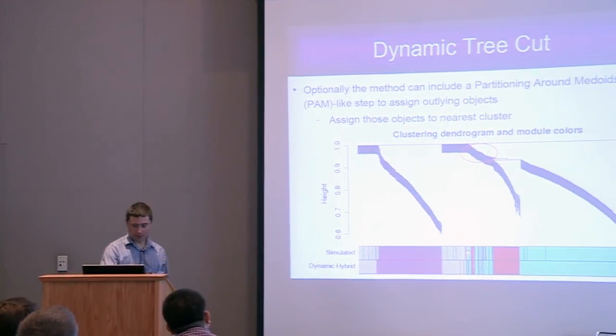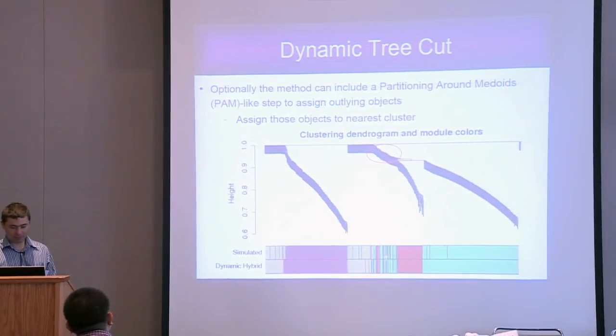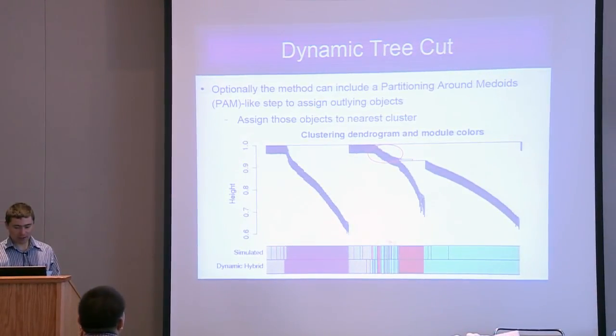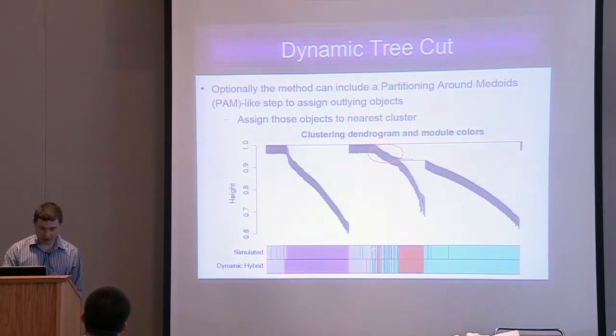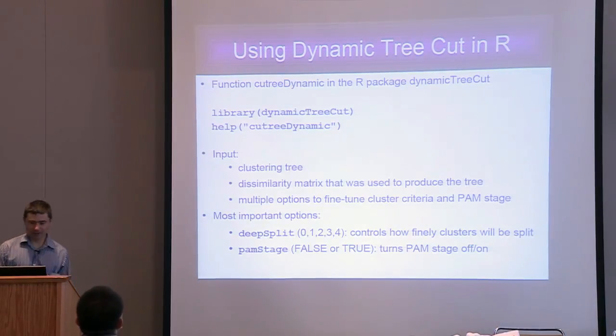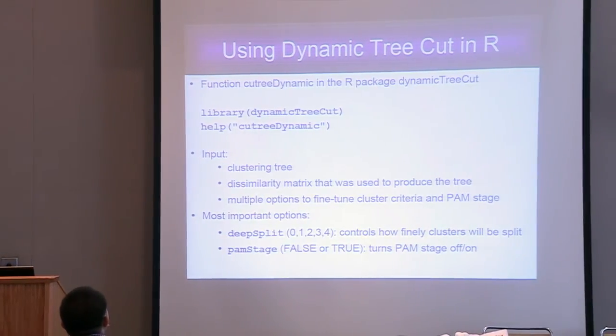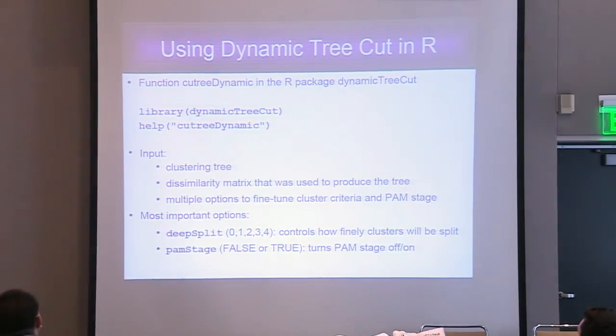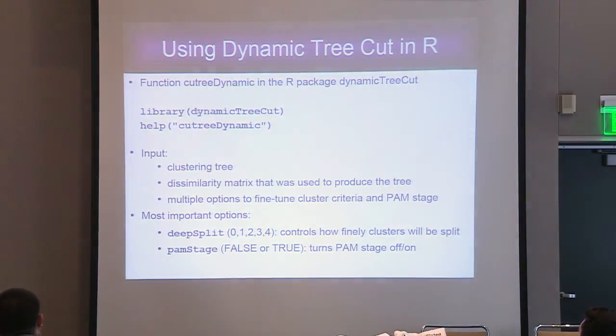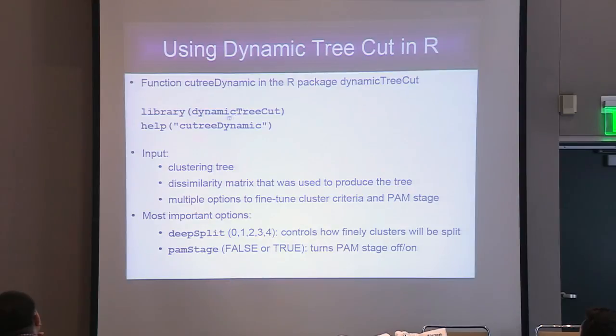Okay. So again, if you use dynamic tree cut, you may see jumbled colors like this where 2 branches have merged, but it's not a bug, it's a feature. Just remember that. In R, when you want to use dynamic tree cut, you have to load the package called dynamicTreeCut.